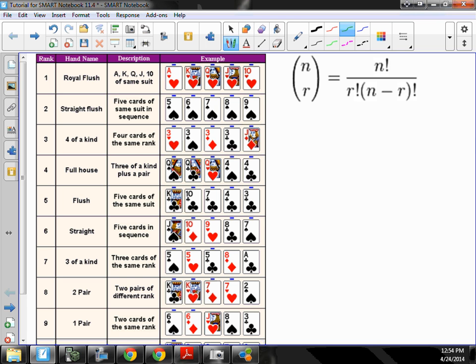Now, a straight flush. What is a straight flush? 5 cards in a row of the same suit, but they have to be in order, and it doesn't start with a 10. It can start with an ace. It can't start with a jack, a queen, or a king, because you can't wrap back around.